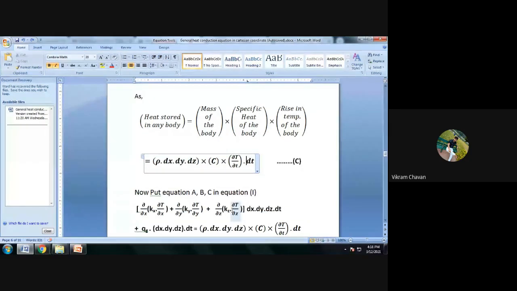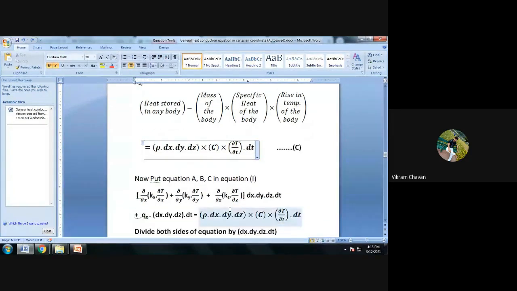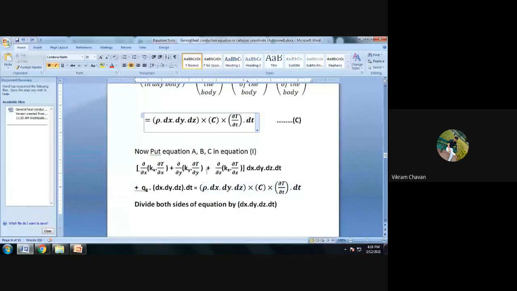Now we have combined all three parts of the energy balance equation, and we come to know that dx, dy, dz and dt are common in all three parts of the equation. So we divide both sides of the equation by dx, dy, dz multiplied by dt.